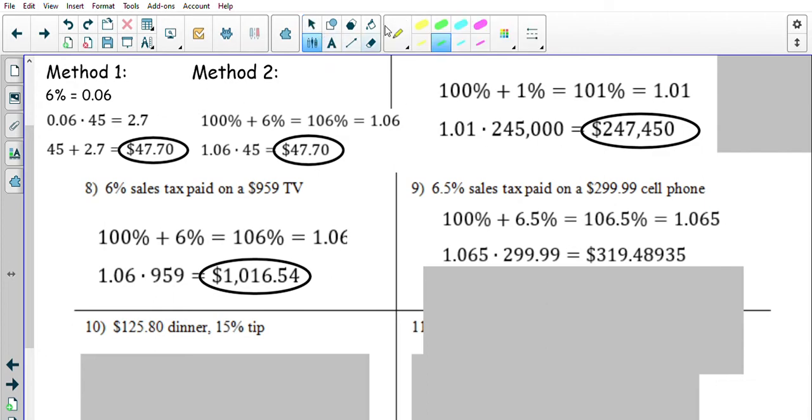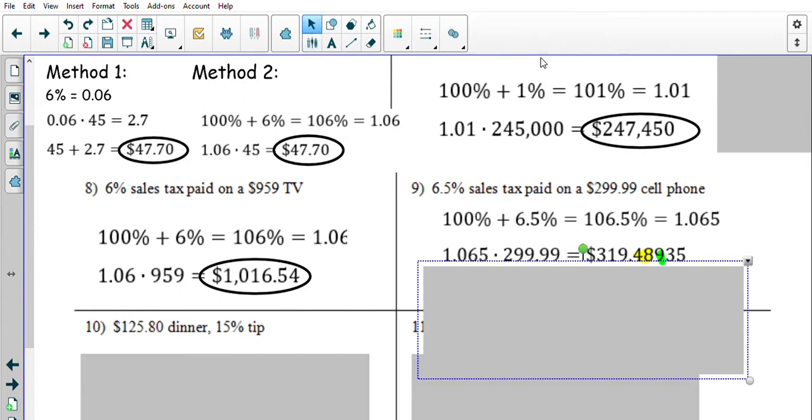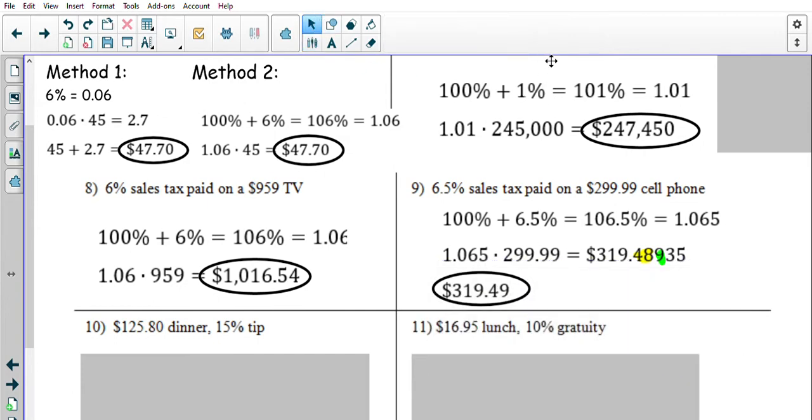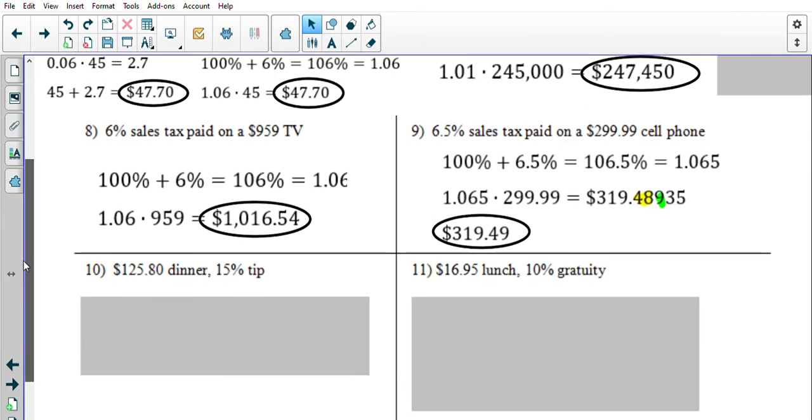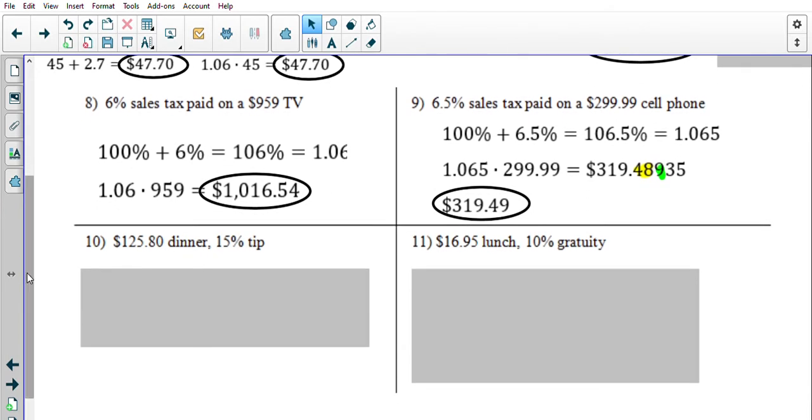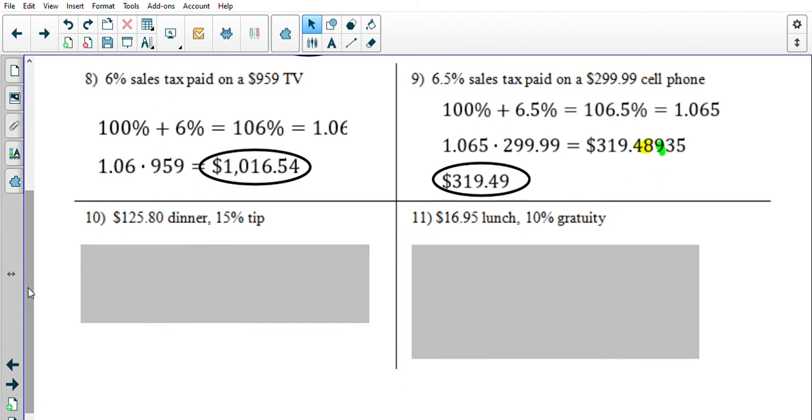So we need 2 numbers after the decimal point. We've got a 4 and an 8. But the next digit happens to be a 9, so the 48 cents rounds up to 49 cents. So our final solution here will be $319.49.